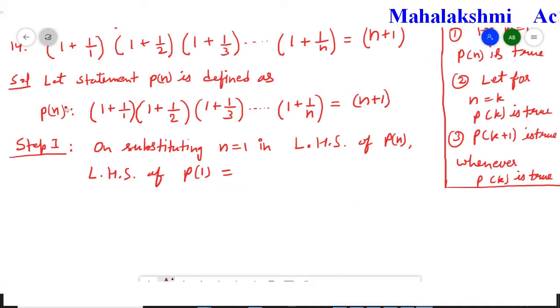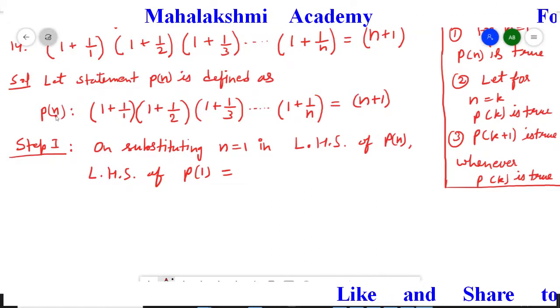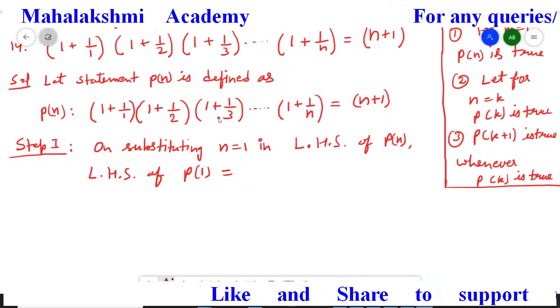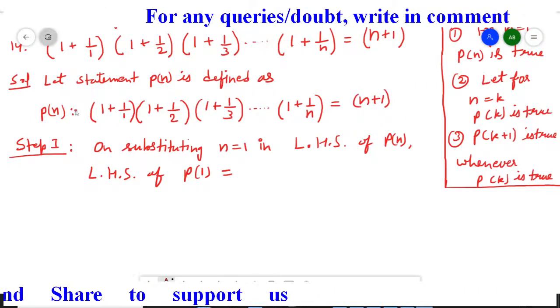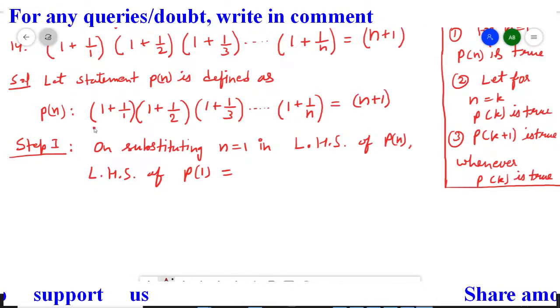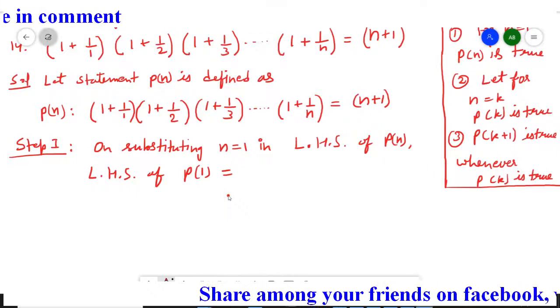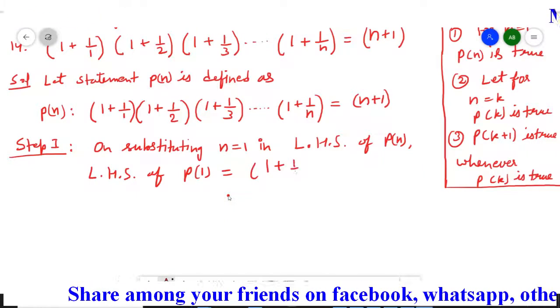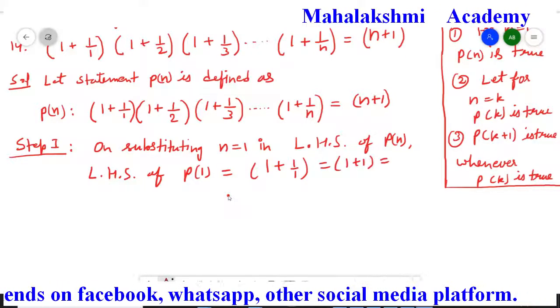If you have 2, then you have to take 2 brackets. If you have 3, then you have to take the first 3 brackets. Like this it will continue. Since now we have 1, we have to take only the first bracket. So I am writing the first bracket from the left hand side of the Pn statement, that is 1 plus 1 upon 1, that gives 1 plus 1, which is equal to 2.